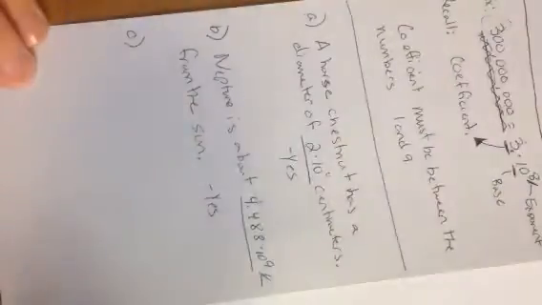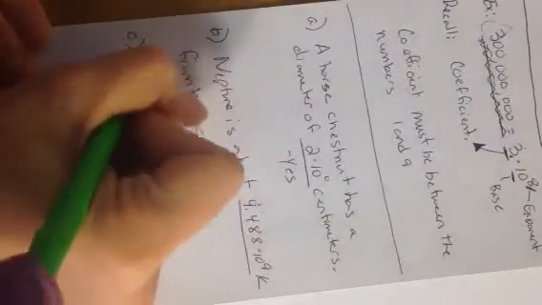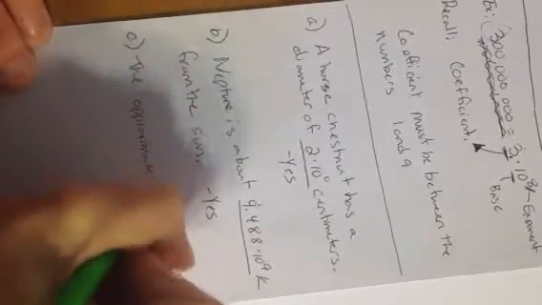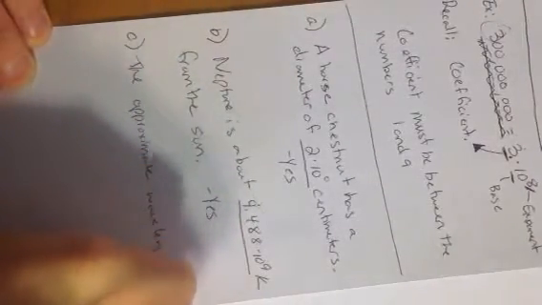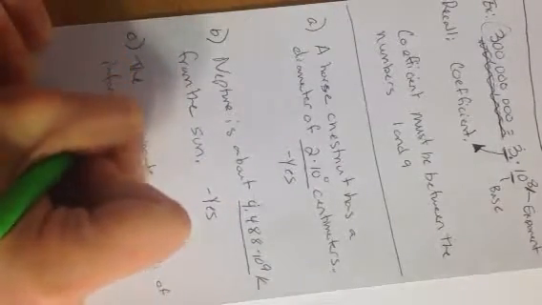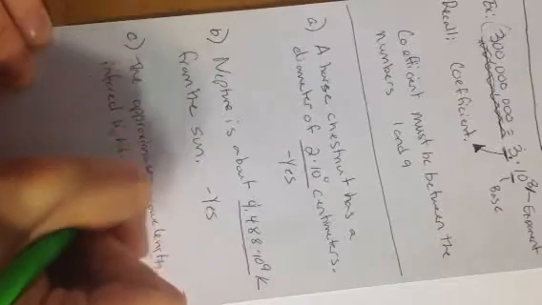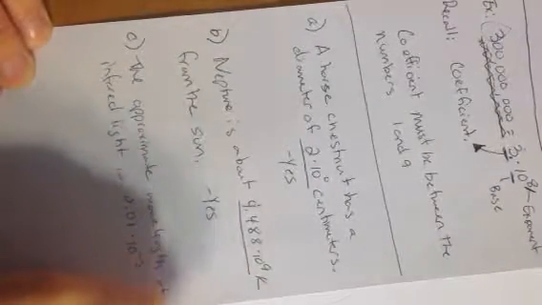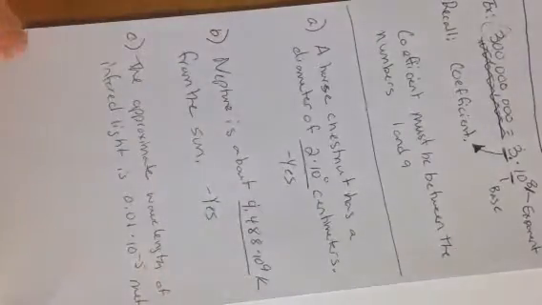Letter C here is the approximate wavelength of infrared light is 0.01 times 10 to the negative 5 meters, or meter in this case.